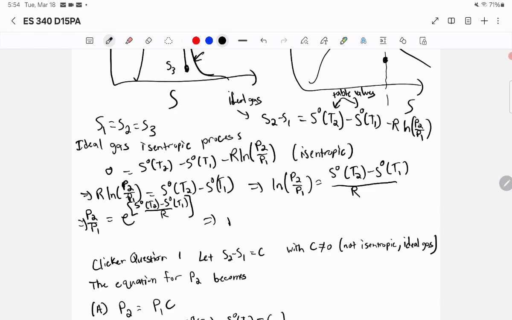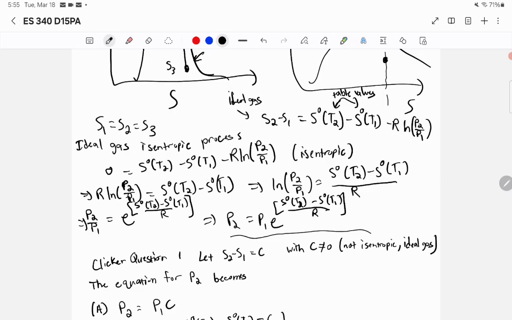And then finally, P2, the final state, is equal to P1, or you could rearrange depending on what you're trying to find, of course, P1 e to the S circle of T2 minus S circle of T1 over R. Okay, so this is my new form of this equation.